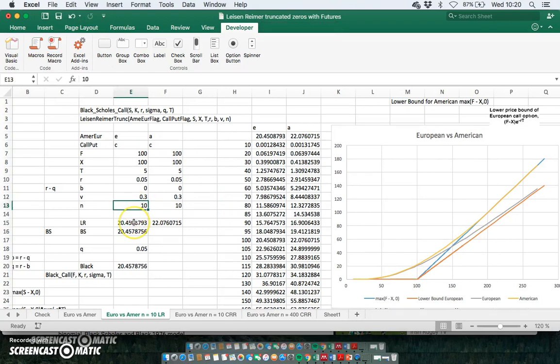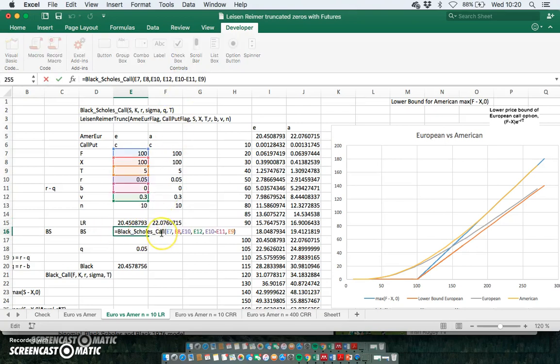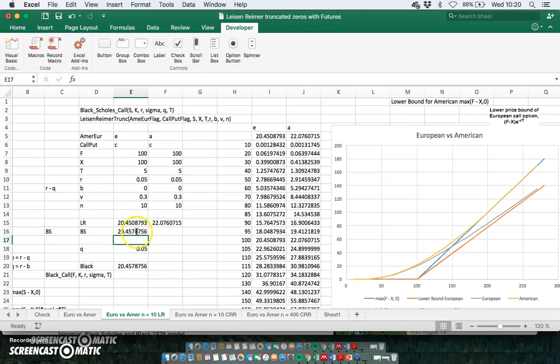Also, we noted in the previous video that a 10-step Leisen-Reimer tree actually yields quite a degree of accuracy, and we can show that for the European option at least. When we take the Leisen-Reimer value at 10 steps, the value that we get is very close to the Black-Scholes value. We had a Black-Scholes call VBA function, and the true value given by the Black-Scholes function is 2.045.